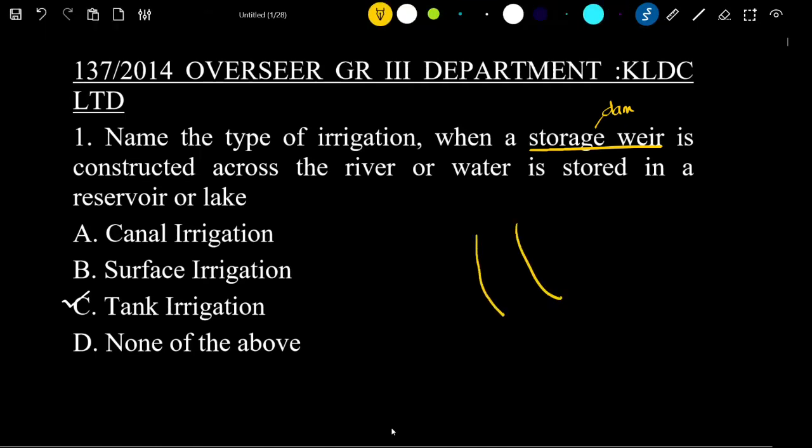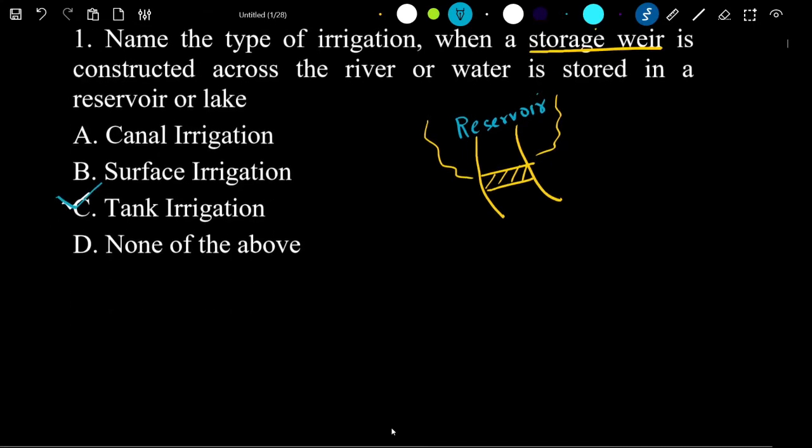In earlier times, small bunds called tankas or tanks were constructed, and these irrigations were more predominant in the southern parts like Tamil Nadu, Andhra Pradesh, etc. And the stored water from the reservoir was used for drinking as well as irrigation purposes. So, from this we need to understand that tank irrigation is another name for storage irrigation.